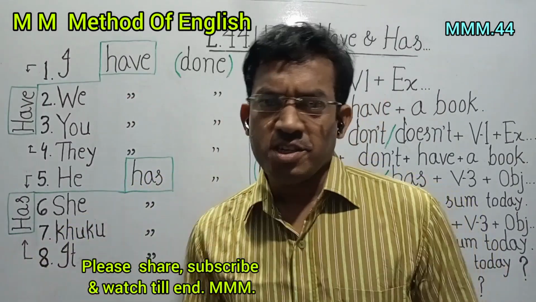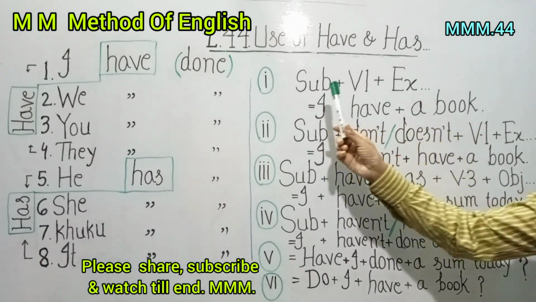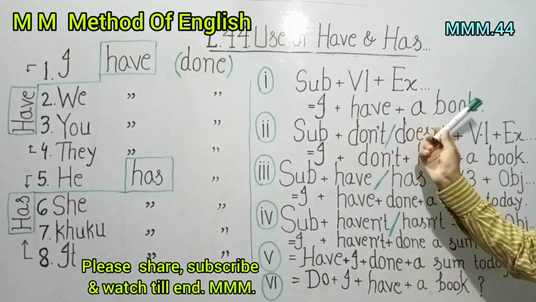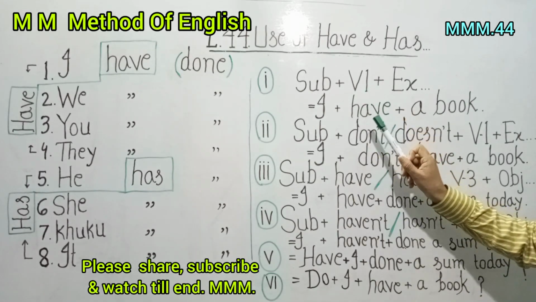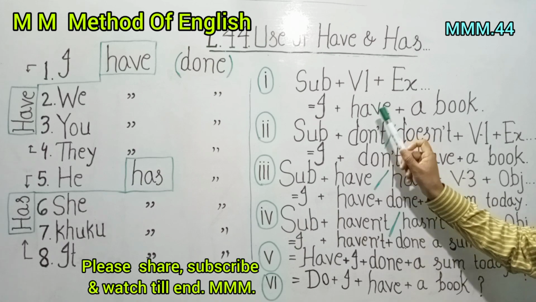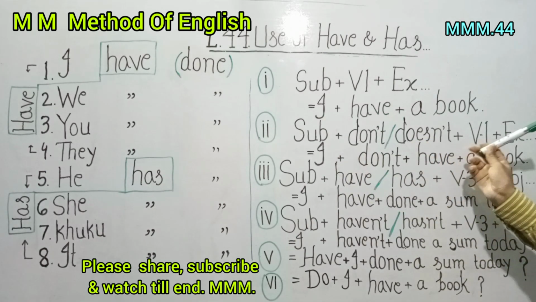Then its affirmative structure: subject V1 extension. In this structure, V1 means have, and have means আছে. For example, I have a book, আমার একটা বই আছে.